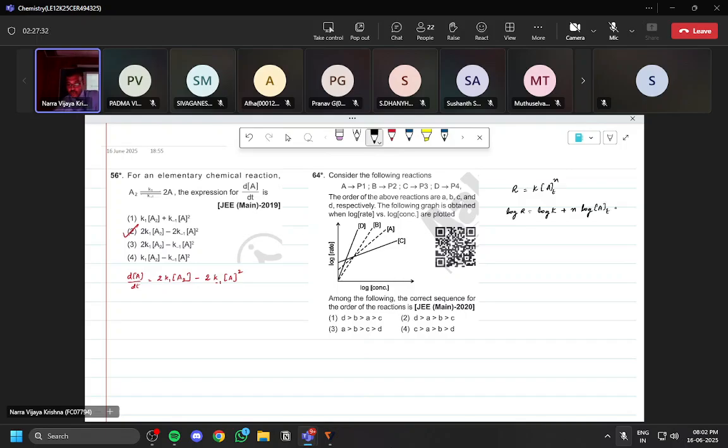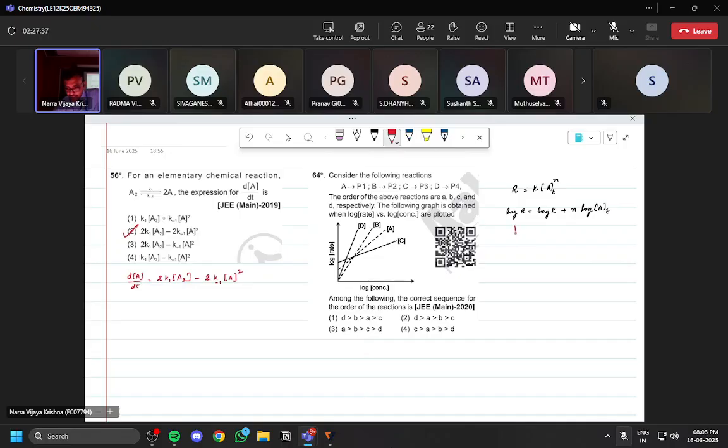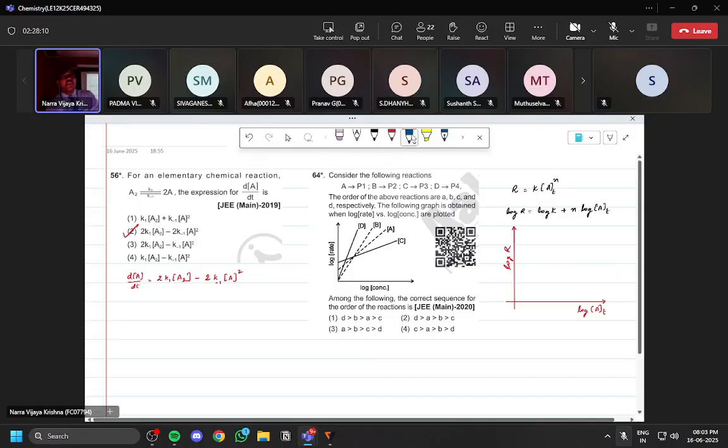Now, if you plot a graph of log R versus log of A, what will you get? How will the graph be? Slope is positive, intercept also positive.